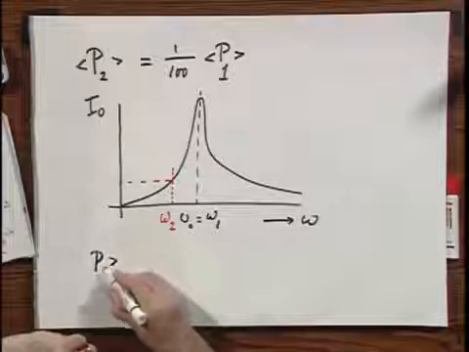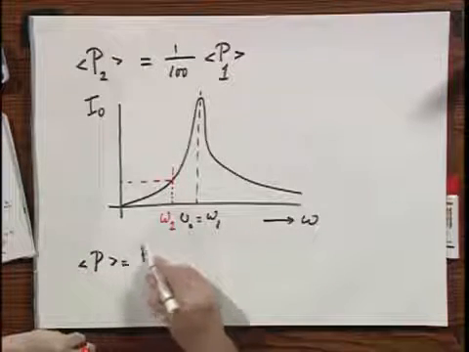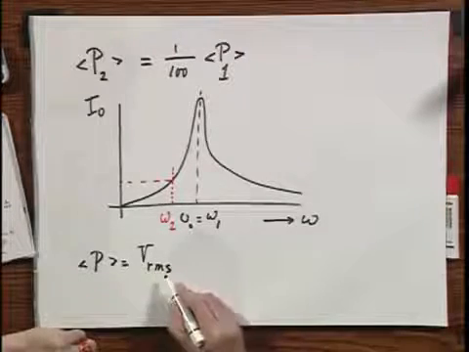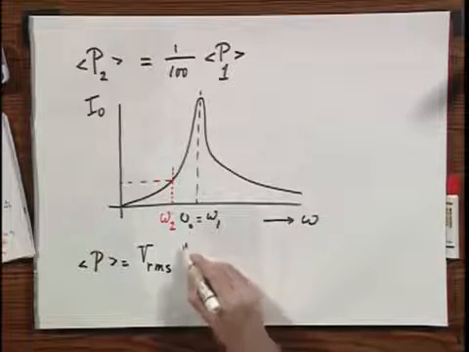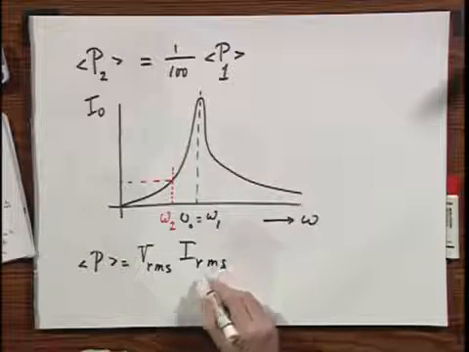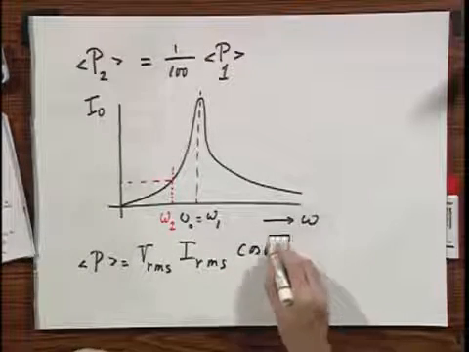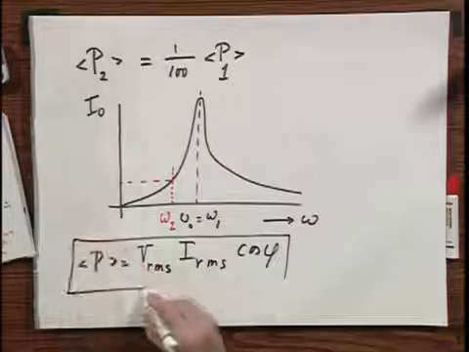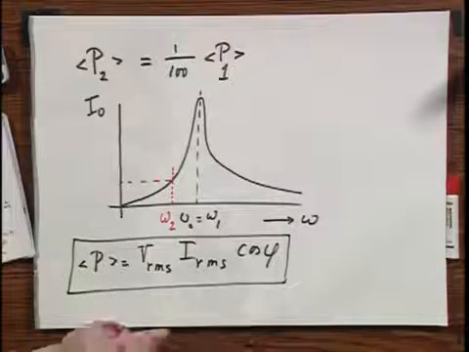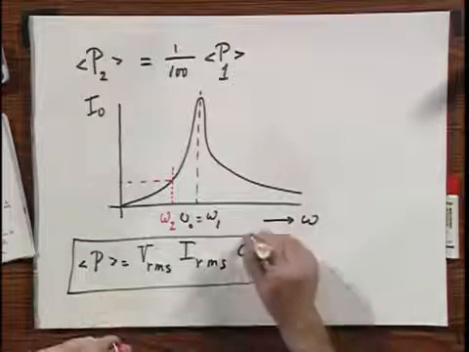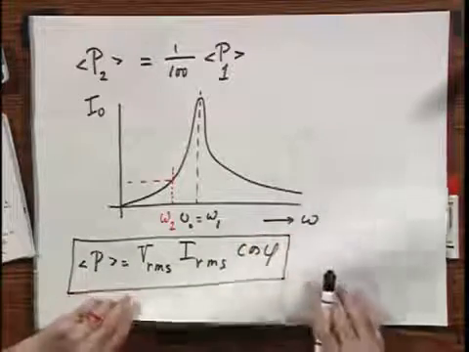What is mean power in general? Well, it is the VRMS coming in through the antenna times the IRMS driven in the circuit times the cosine of phi. This is the general equation for power delivered to that resistance R, and you have seen this before.